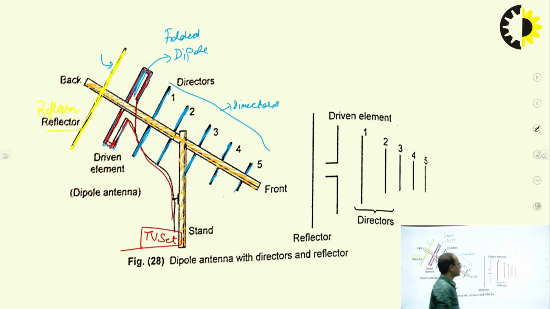So the length of the reflector is greater than the driven element, and the length of the directors is less than the length of the main driven element.